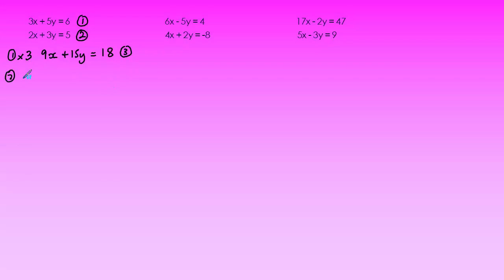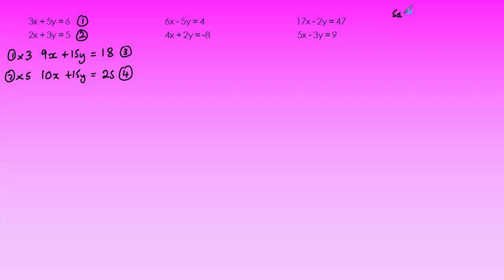Then equation 2, and multiply that by 5. That's going to give me 10x's and 15y's is equal to 25. Let's call that equation 4. Now we can see that we now have the same number of y's.